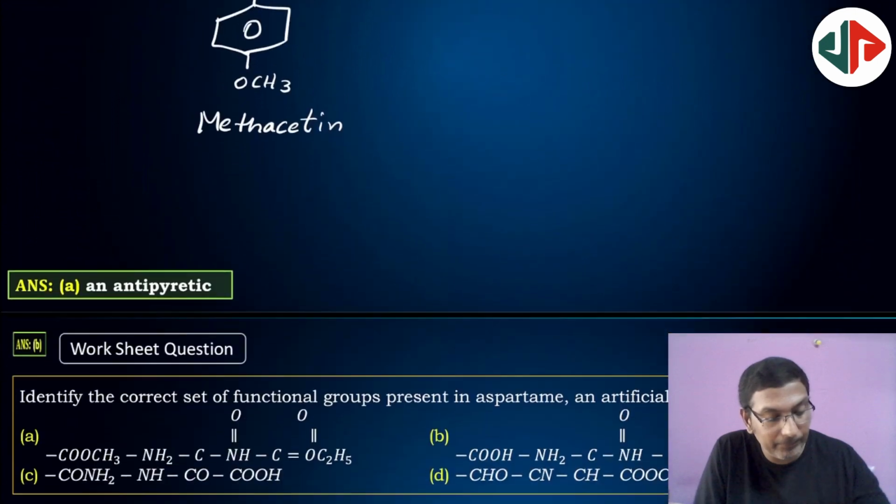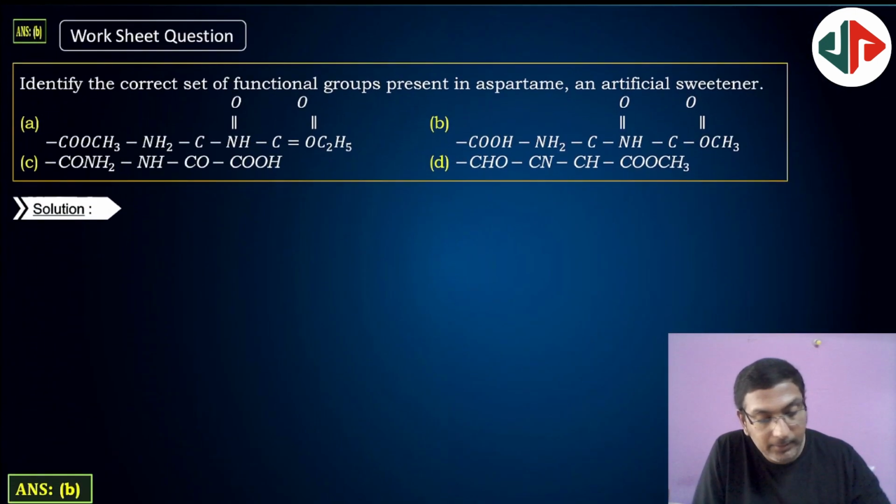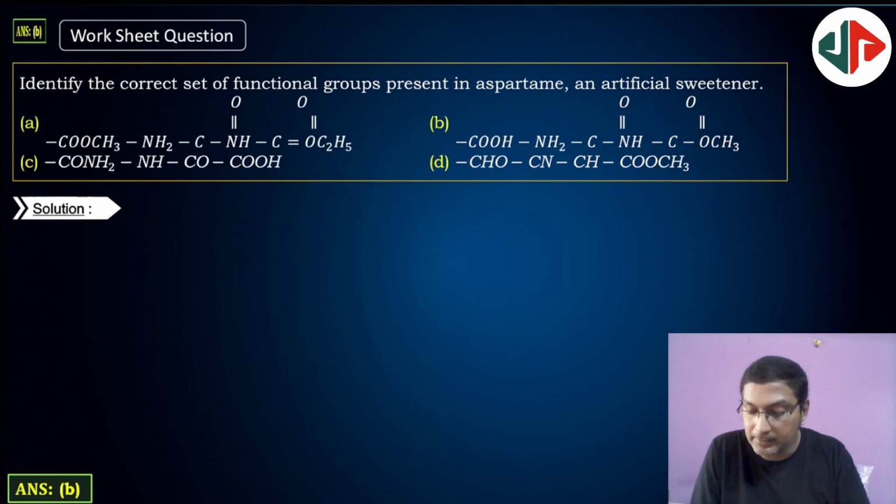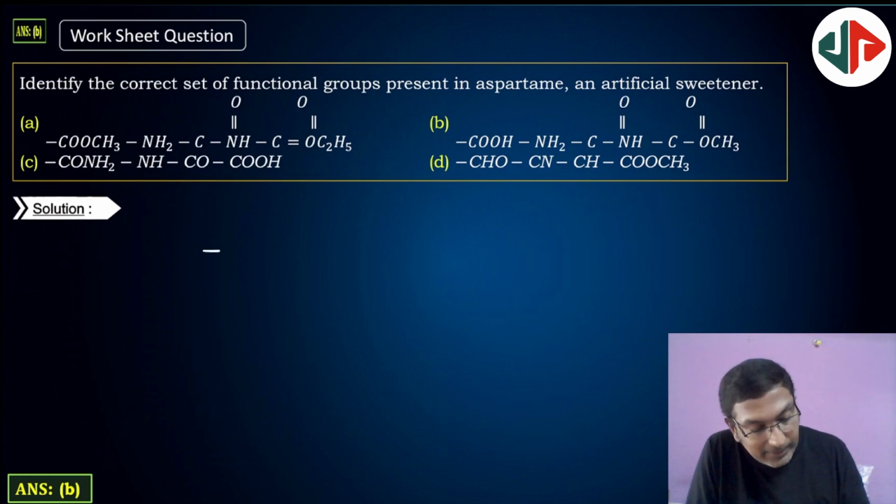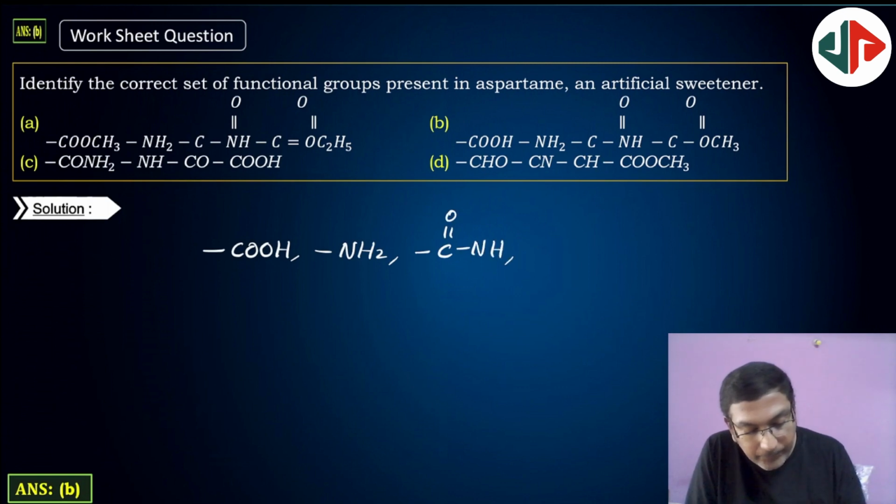Next, identify the functional groups present in aspartame. The functional groups are COOH, NH2, CONH, and COOCH3.